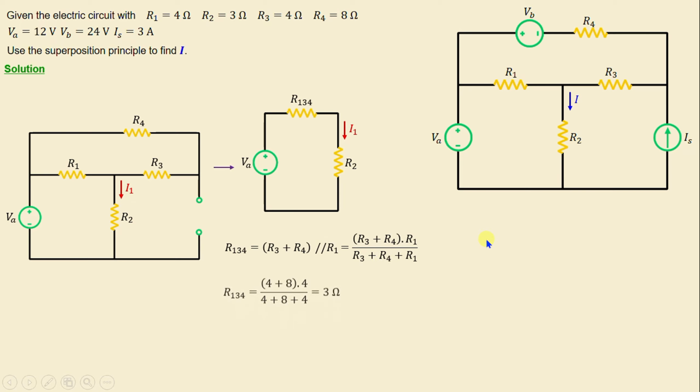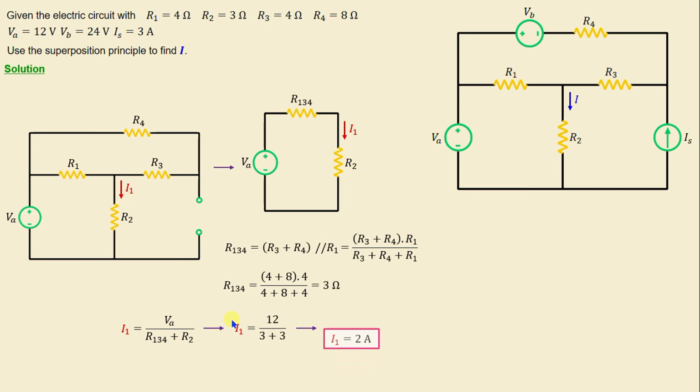If we replace the resistors with their numerical values, we obtain R134 is equal to 3 ohms. The current I1 can be calculated by VA over R134 plus R2. If we replace VA, R2, and R134 with their numerical values, we obtain I1 is equal to 2 amps.